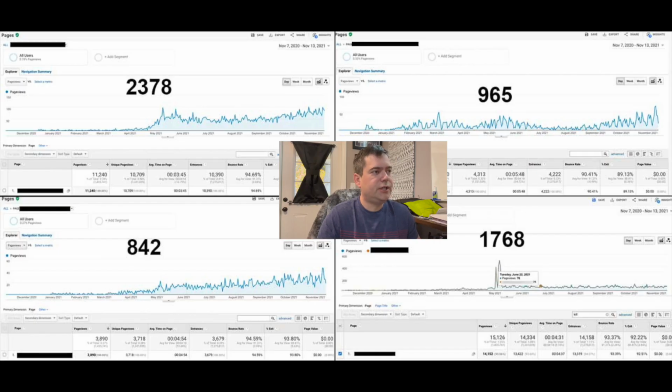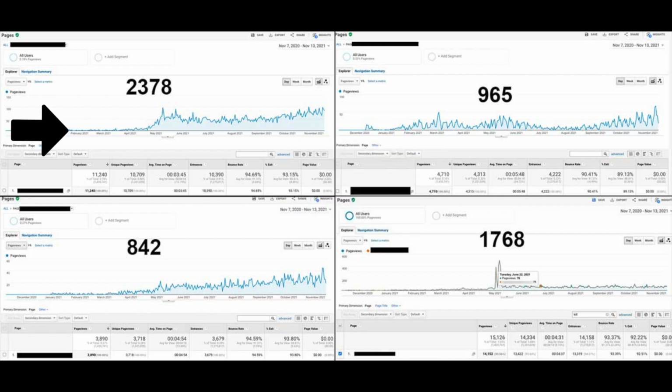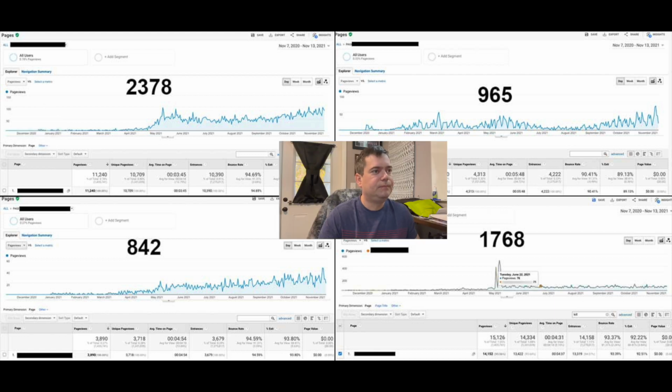So this final sheet here shows 4 out of these top 5 articles that we were just looking at in the last slide. And these numbers here just represent the amount of page views they've gotten in the last 30 days. So this first one, you can see, was pretty flat for about 5 months, and then it just took off and it stayed pretty steady, and it's still climbing a little bit.